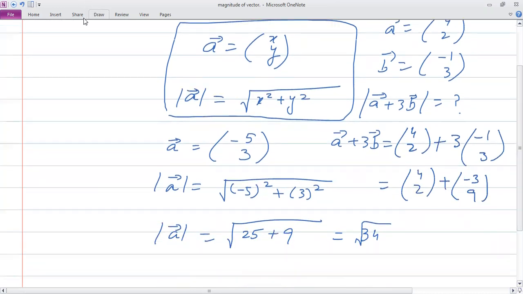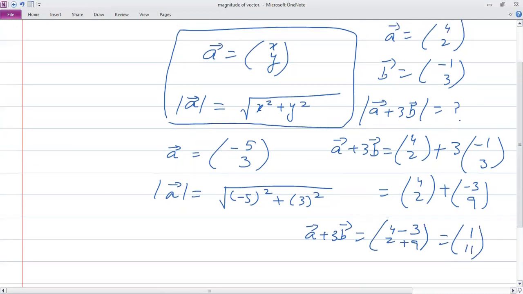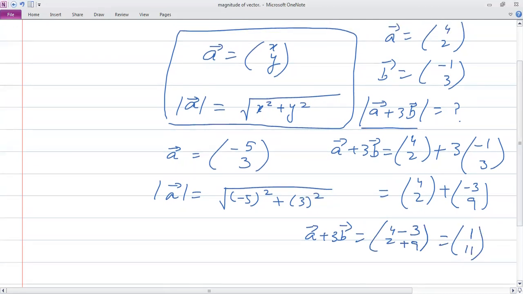So A plus 3B will be 4 minus 3 and 2 plus 9, that will become 1, 11. Then we have to find the magnitude of this one.